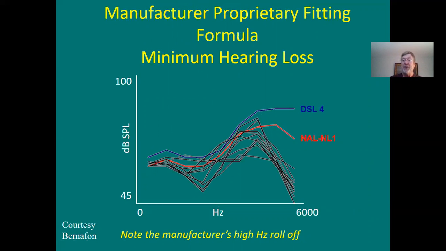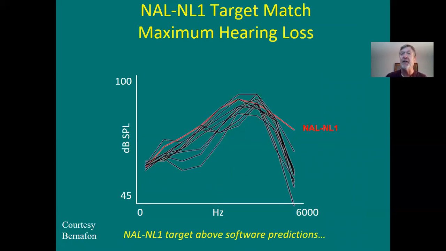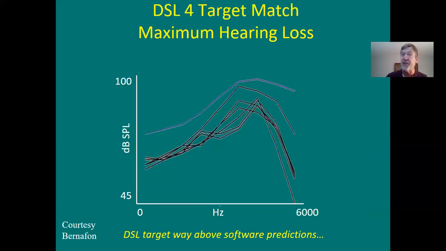What we're doing here is the same thing as in the Studi Sanders article. We're comparing 2 things. First, how do the manufacturers implement a specific fitting method? In the Sanders study, it was the implementation of NAL2. In this study by Bernafon, it's the implementation of NAL1. That was this slide and this slide. You've got NAL1 and DSL4.